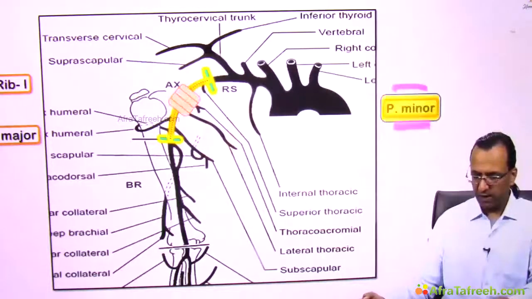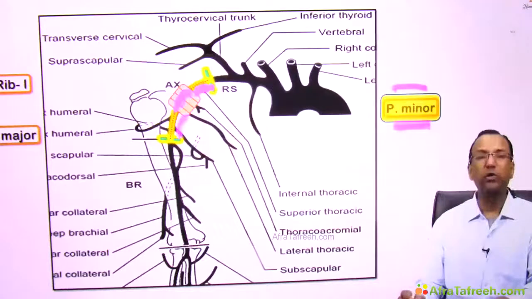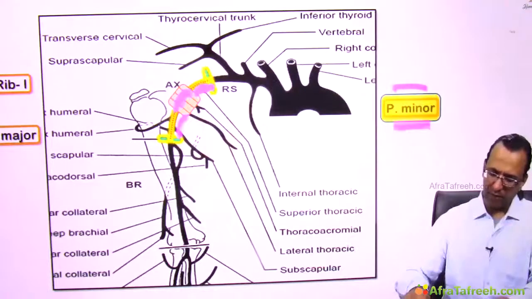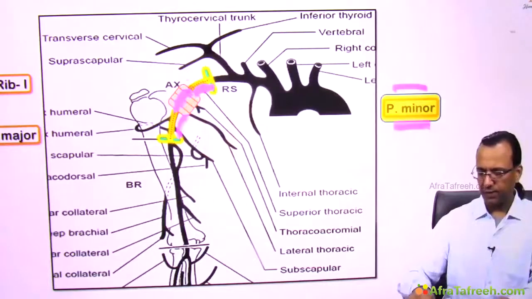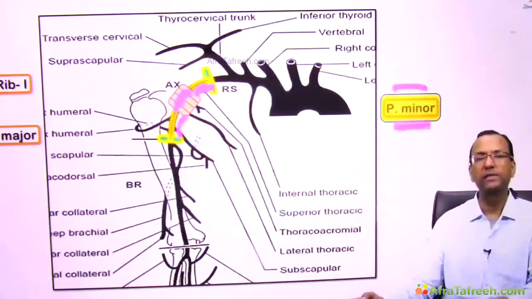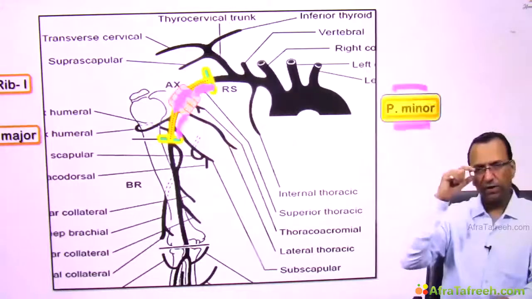So it divides the artery into three parts: proximal to the muscle, deep to the muscle, and distal to the muscle, parts 1 to 3. Part 1 will give one branch, part 2 will give two branches, and part 3 will give three branches, so you have a total of 6 branches.